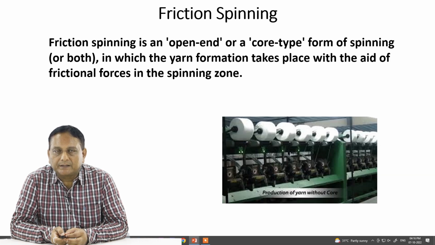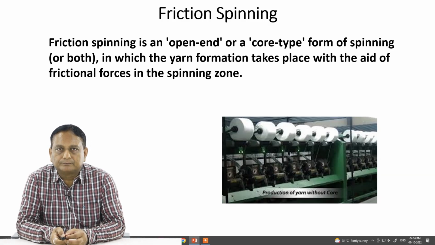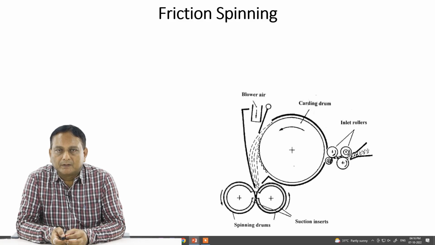So frictional forces are there by which the yarn is getting produced here. That is called friction spinning. Again, a schematic view of this diagram, you can see how the friction is getting produced here in these operations.